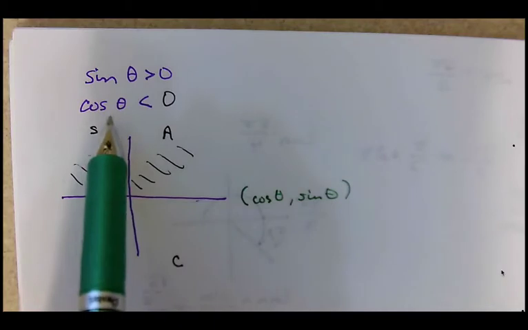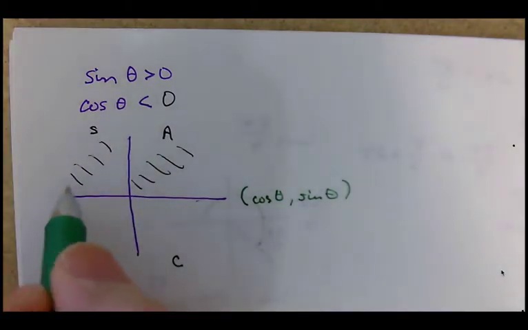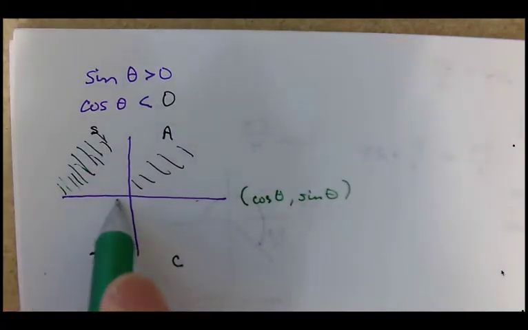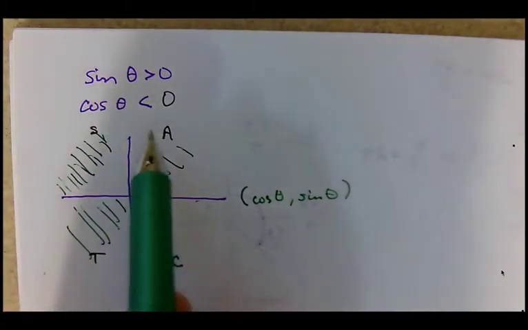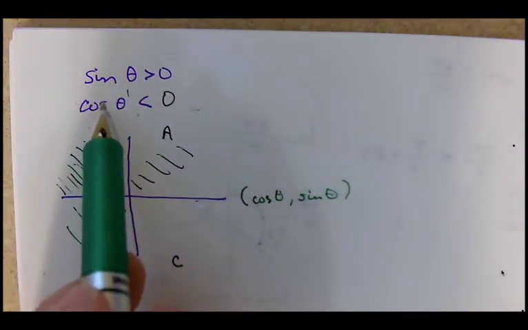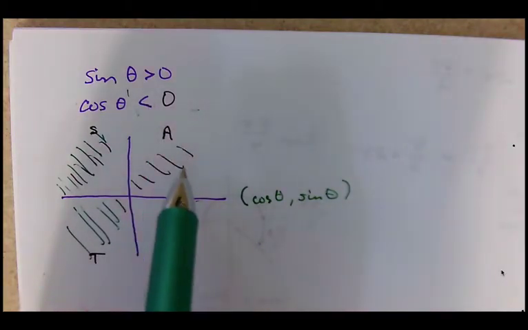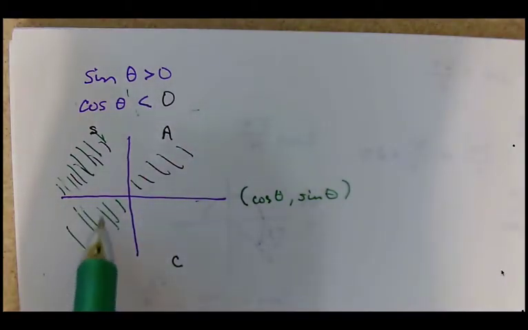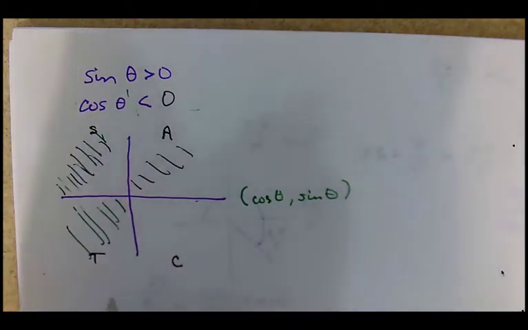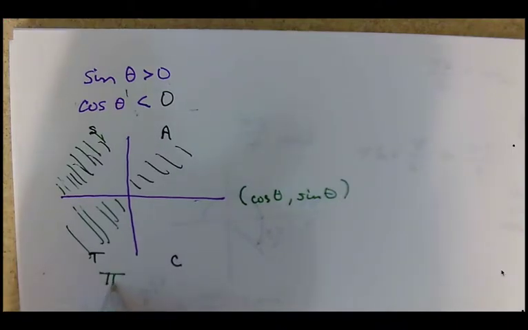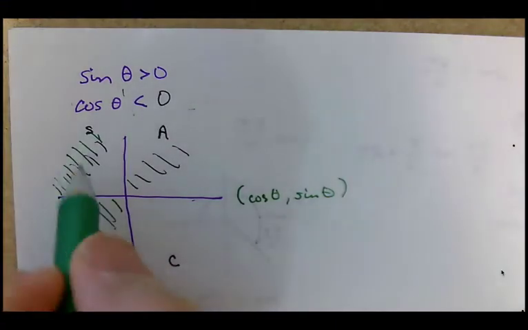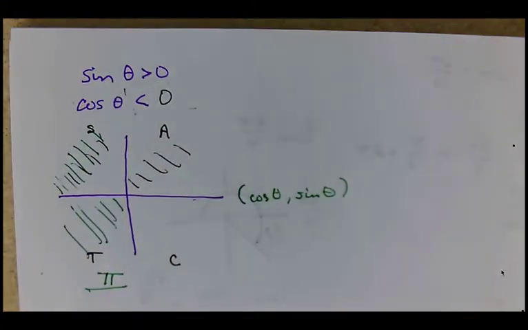So if this has to be less than 0, then we know that we must exist either in quadrant 2 or quadrant 3 to meet the needs of cosine being less than 0, or x less than 0. With that being said, there's only one location in which both exist, and that is in quadrant 2. So therefore, this angle must lie in quadrant 2 somewhere. Okay?